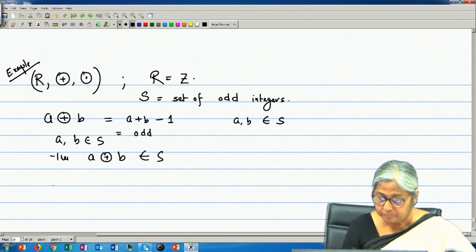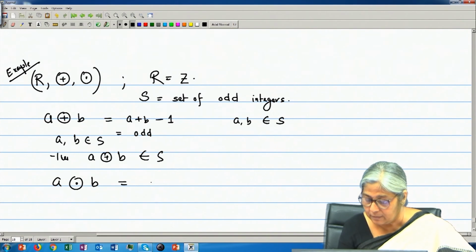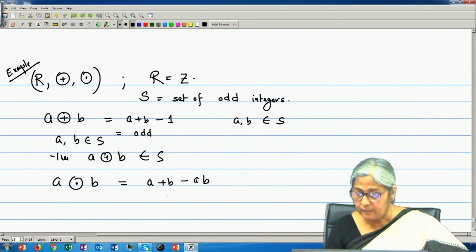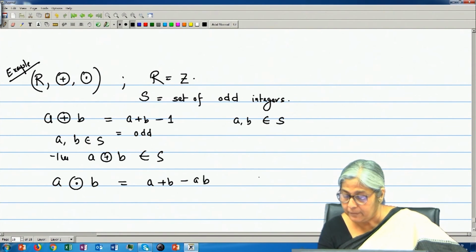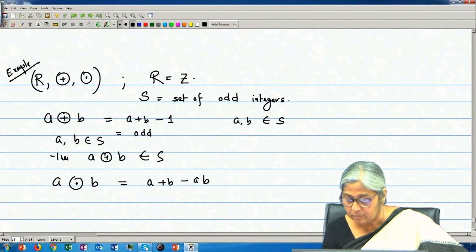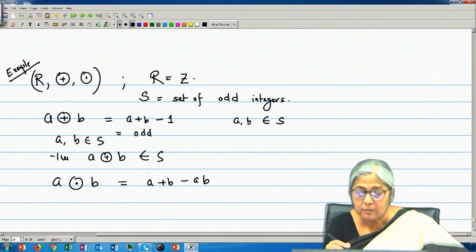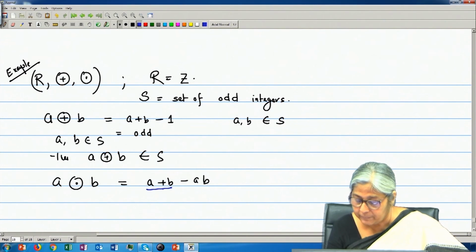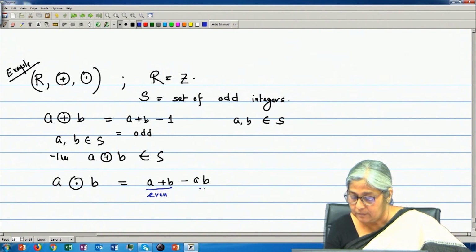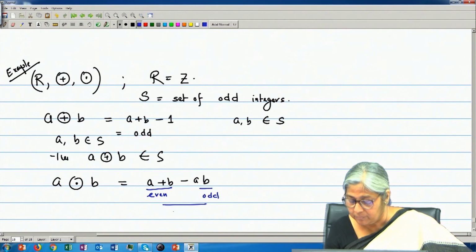Then what about the multiplication, that A B is A plus B minus A B. So, if A and B are odd, so A plus B becomes even, and A B becomes odd, so this becomes odd.